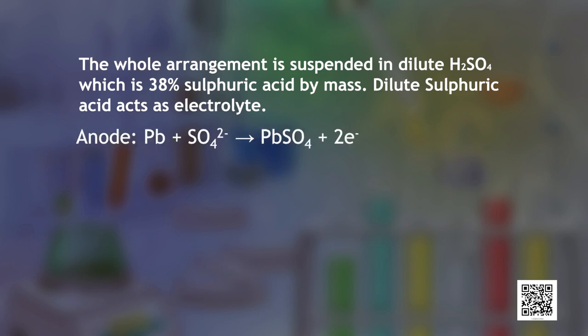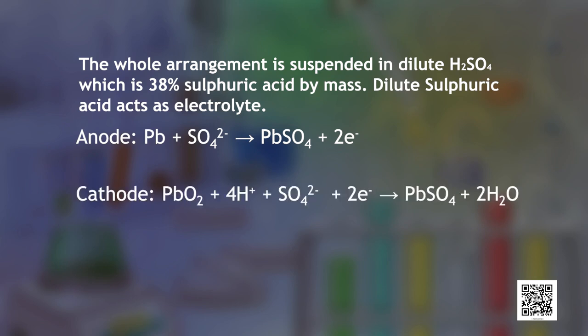So at anode, lead reacts with sulfate ions to form lead sulfate with the loss of 2 electrons. At cathode, lead oxide reacts with hydrogen ions and sulfate ions with the gain of 2 electrons to form lead sulfate and water.